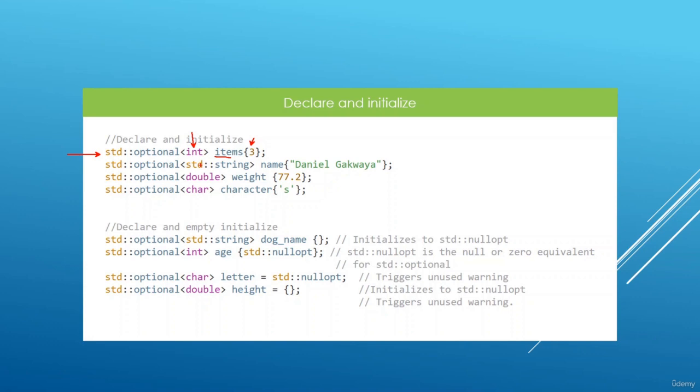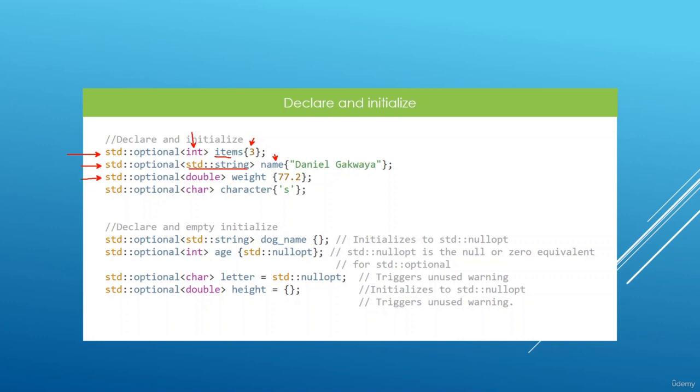Because it is wrapping on top of int, we can initialize this little guy with integers. Here we are just putting in an integer literal. We can also set up an std::optional variable which is going to wrap on top of std::string. And the name of the variable is going to be name here. And we can initialize this with a string literal, and it is going to work.